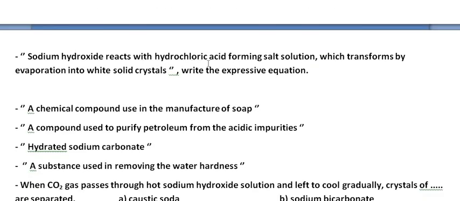Sodium hydroxide reacts with hydrochloric acid, forming a salt solution, which transforms by evaporation into white solid crystals. Write the equation. Sodium hydroxide NaOH plus hydrochloric acid HCl gives NaCl plus water H2O.